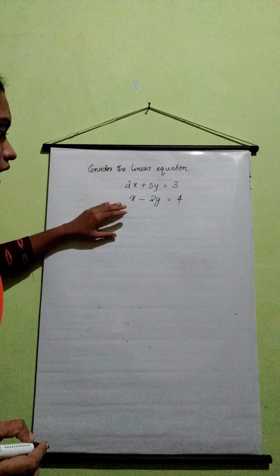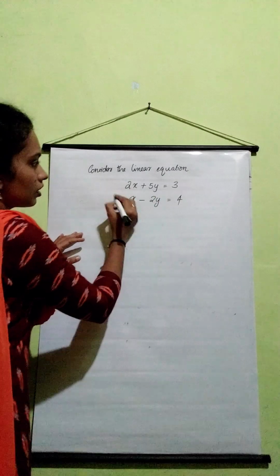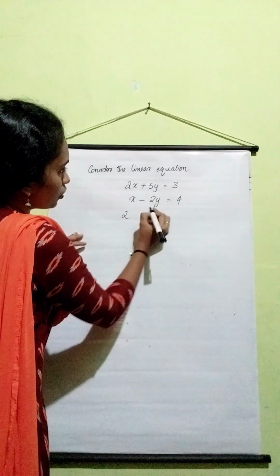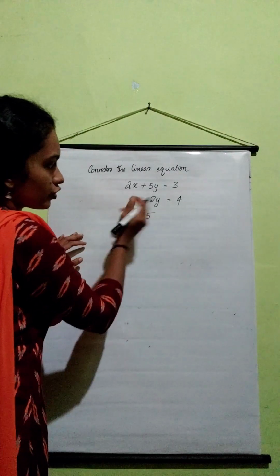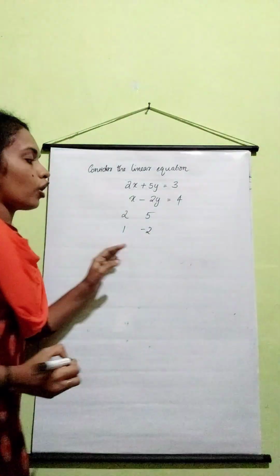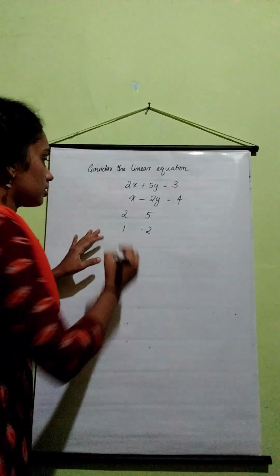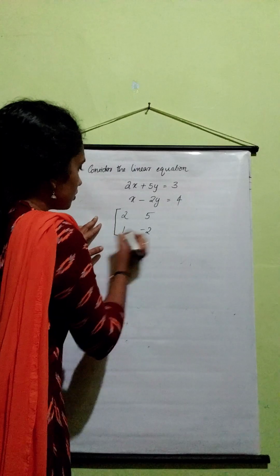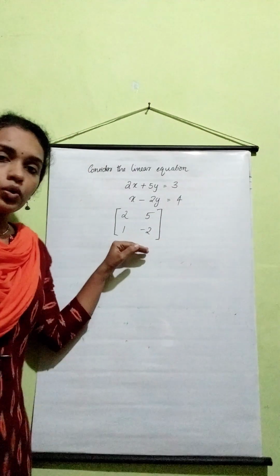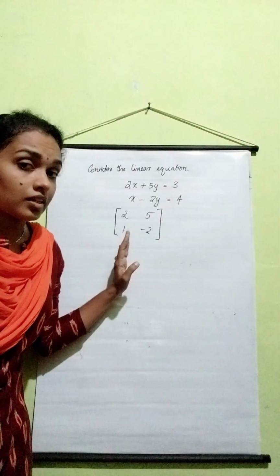Now, I am writing the coefficients of these equations: 2, 5, the coefficients of the first equation, and 1, minus 2, the coefficients of the second equation, and putting them inside a rectangular array. So, this becomes a matrix.